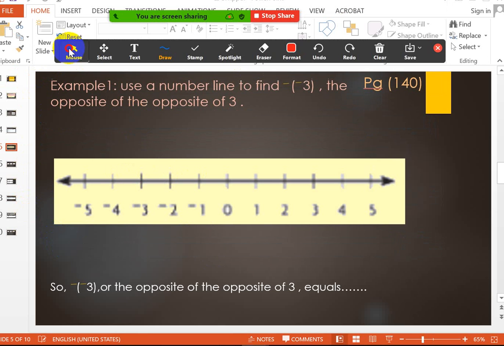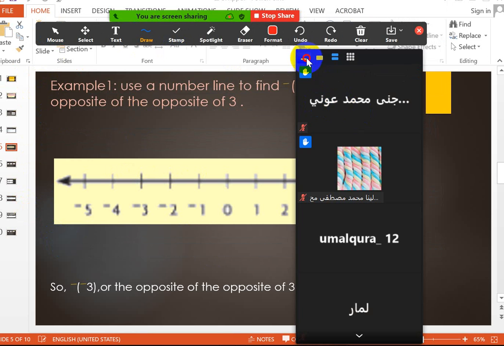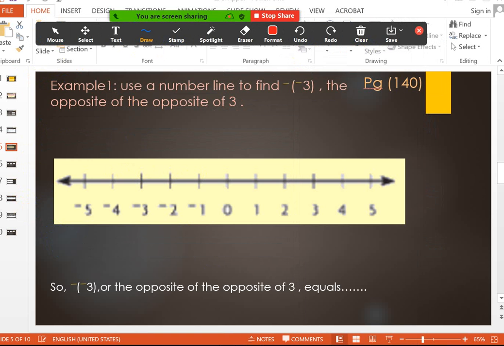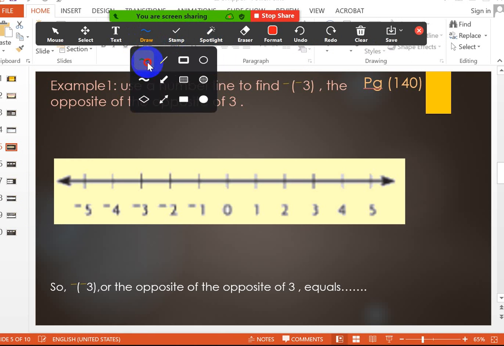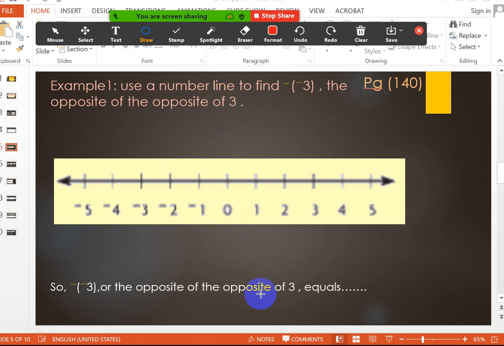You know that the opposite is what? I told you yesterday, the opposite is the same amount with the opposite sign. So the number is 3, and I want to find the opposite of this number. The opposite of 3 is -3.